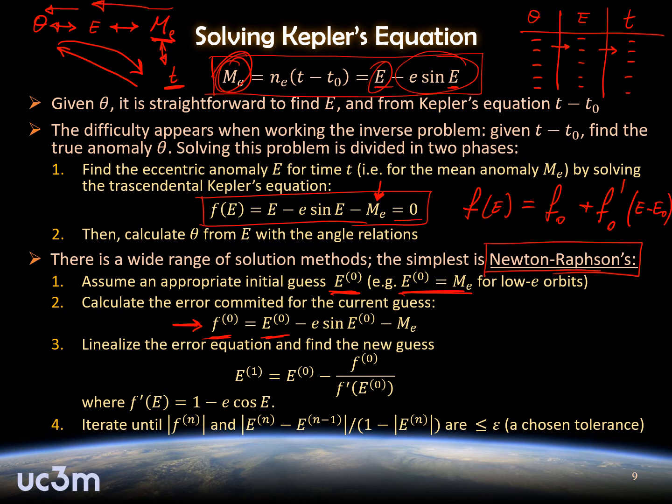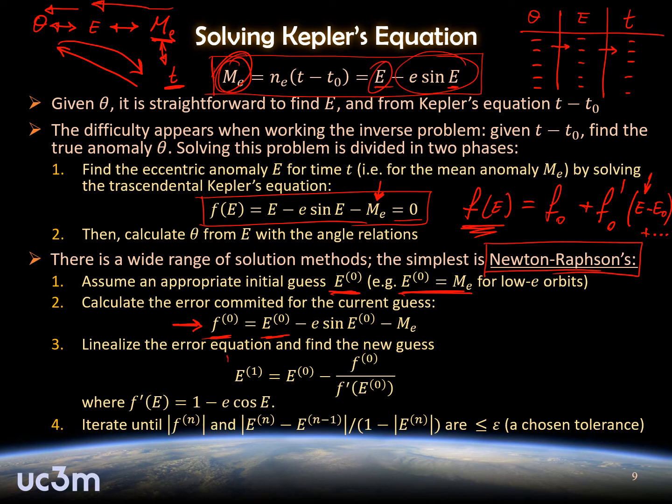Of course there are higher order terms, but if you just keep the linear terms in this expansion, you have the equation for a straight line. And in this straight line, you can solve for the value of E that would cancel the error if the problem was linear, which it is not. So inverting that relation will give you a hopefully better guess of the solution.